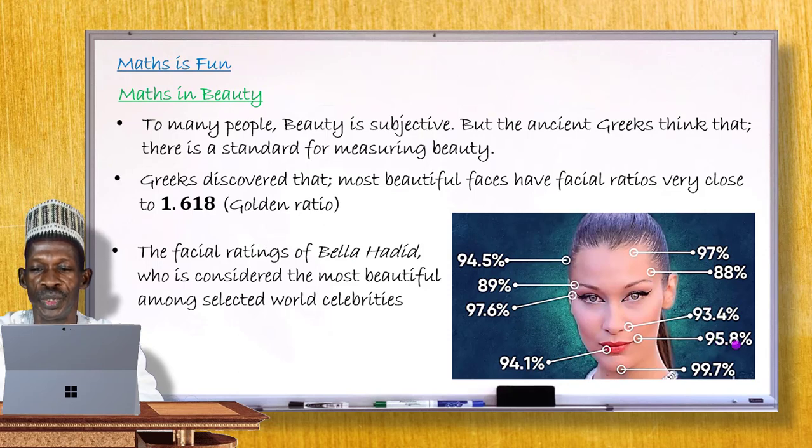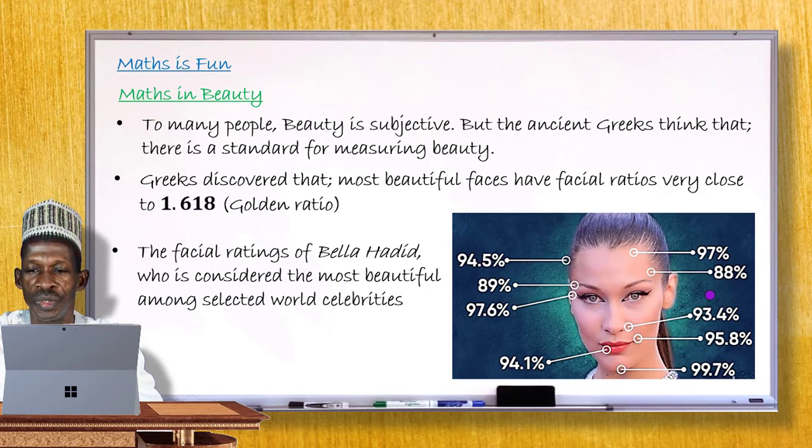Similarly, 95.8% close to 1.618 is the position of the mouth. And 94.1% close to this value is the lips. Similarly, you can see her high rating, 99.7%. This is her chin, close to 1.618.